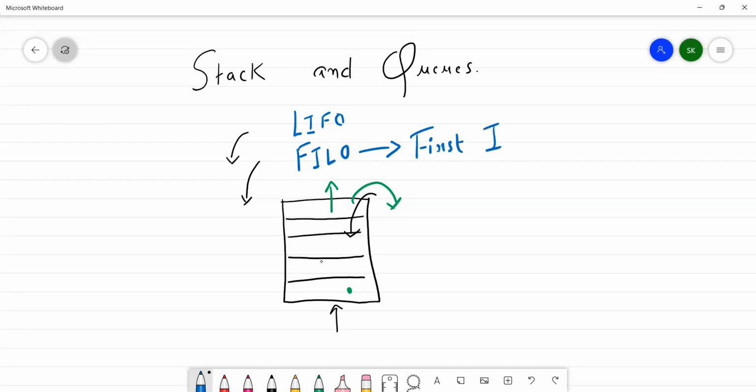You already saw that I entered this first item in the box and then I take it out at the last. Yes or no? In the same way, you can say it in this manner: last in, first out. That is, I entered this last item on the top of the box, but I take it out first. Clear?